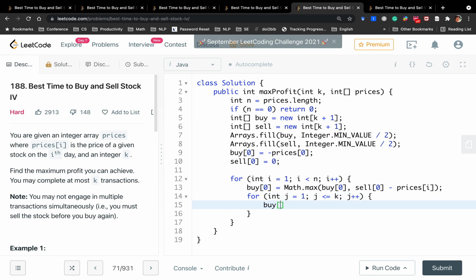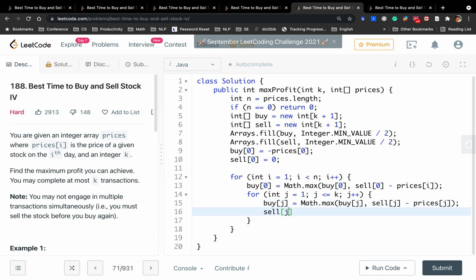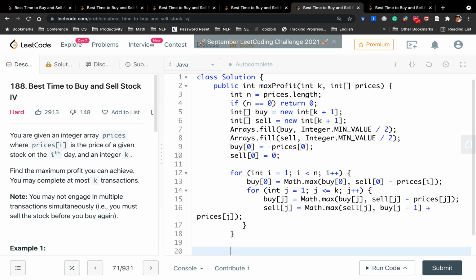What should we do here? Buy j equal to maximum of buy j, and sell j, we buy, so we minus prices I, or sell j is max of sell j and the last buy, so buy j minus 1 plus prices I. In the end, because it is at most k, we don't know how many transactions we make.